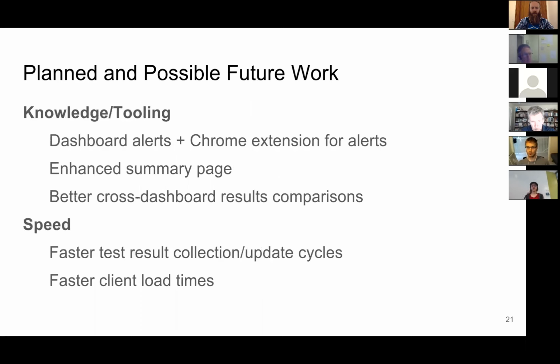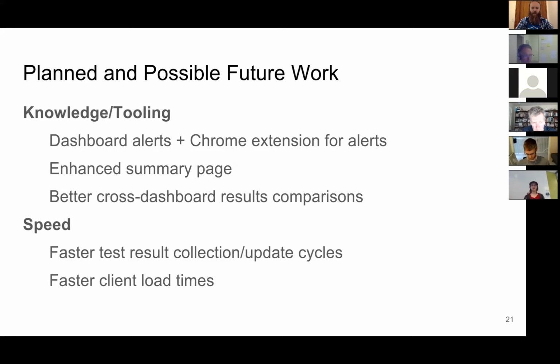There's also the aforementioned adding alerts for failing tests, so people can get alerts when they actually have tests on tabs that they need to pay attention to. Making a better summary page with more data, as well as a better call out for which tests need attention. And then a better ability to look between dashboards for comparing results or the status of, say, different tests across dashboards.